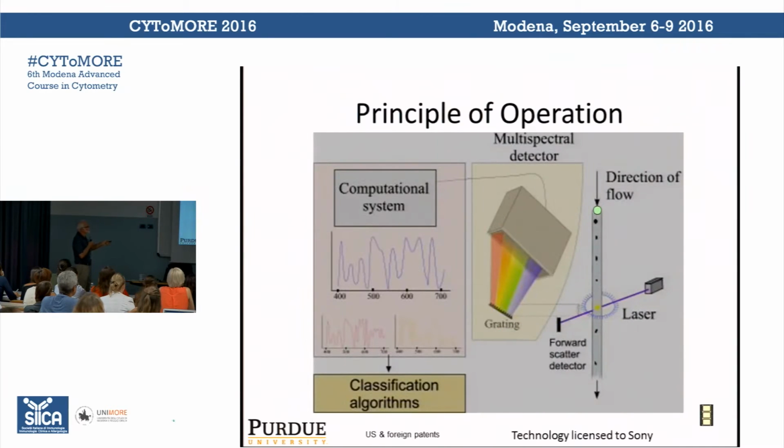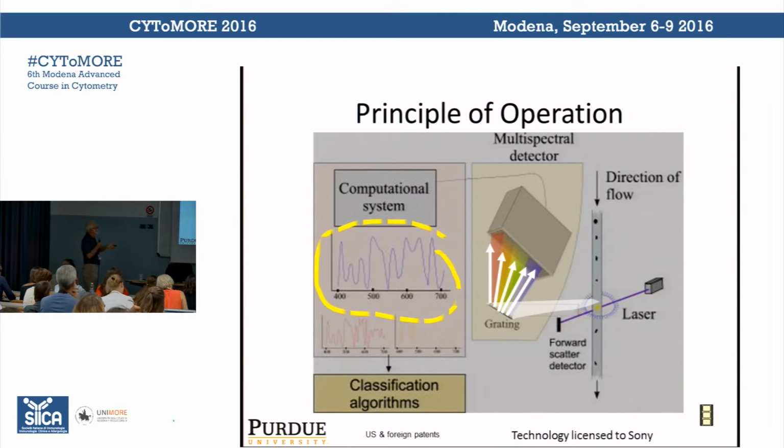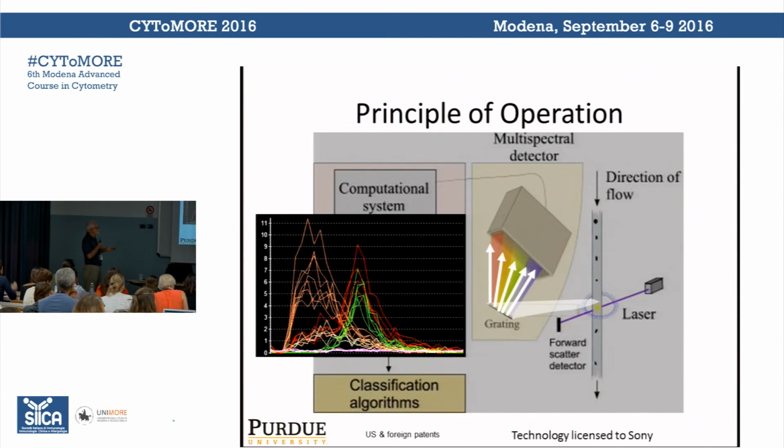So this is how this system works. Here's your cell, here's your flow channel, and the cell goes down through there and the laser hits it, and then all the light goes off to a spectral detector, and it looks at what is there and builds a map.